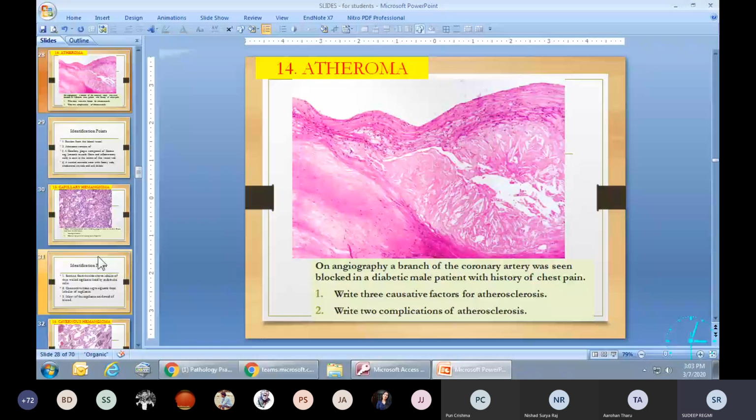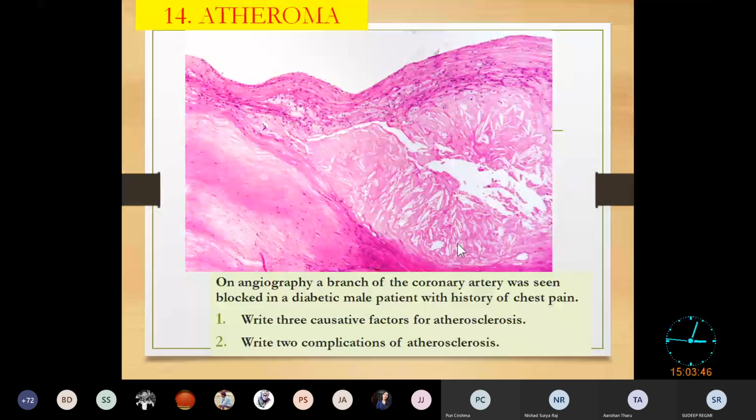You are telling about family history or family hereditary condition, right? Yes, sir. And gender. Which gender has more propensity to have atherosclerosis? In males than in females.